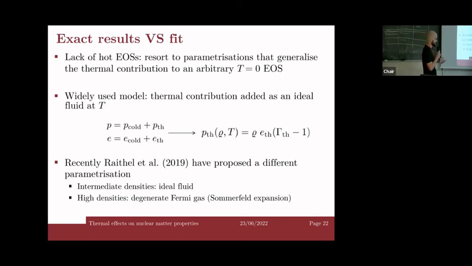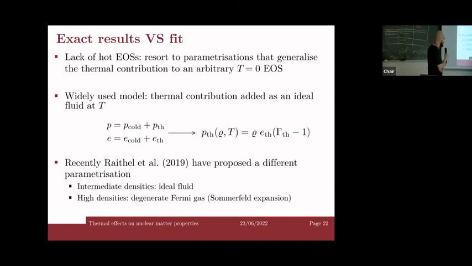One of the first parameterizations that was used was the so-called hybrid approximation, in which you add a thermal contribution to your pressure and energy density as an ideal fluid contribution, right? So you take the zero temperature equation of state and you add this ideal fluid term to your equation of state, and then you simulate these thermal effects.